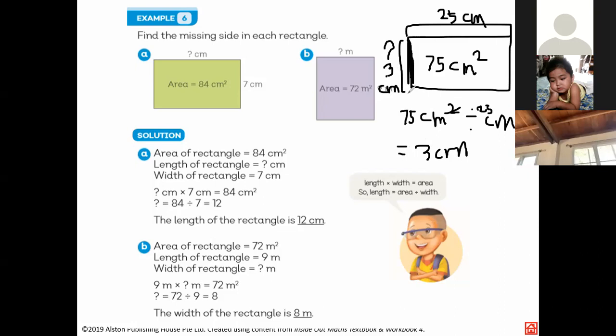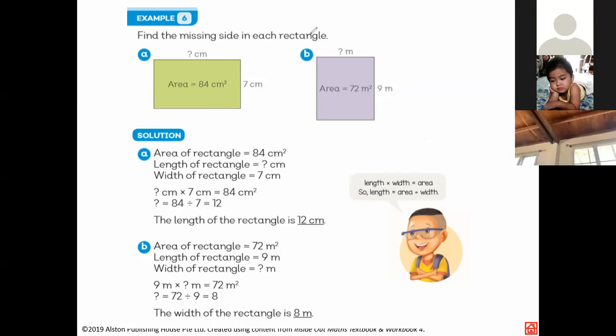All right, do you understand, class? Yes, I do. Okay, very good. Now let's try letter B. Letter A is a rectangle, letter B is a square. So let's say the area of the square is 72 meters squared, and the length here is 9 meters. So what is the length over here? It's the same thing, class.